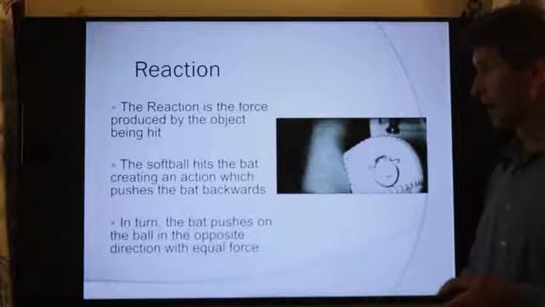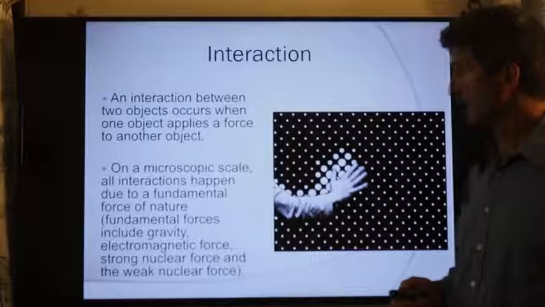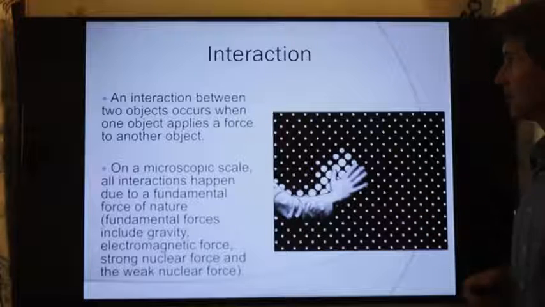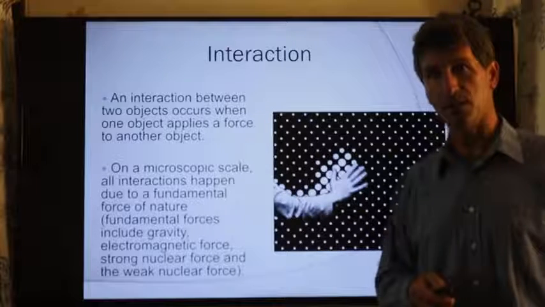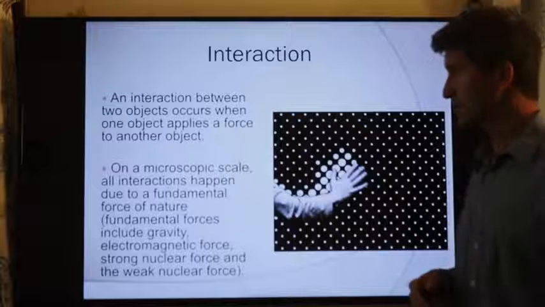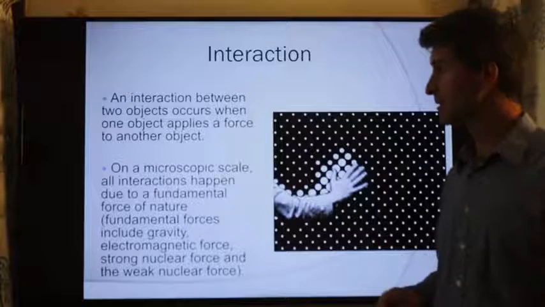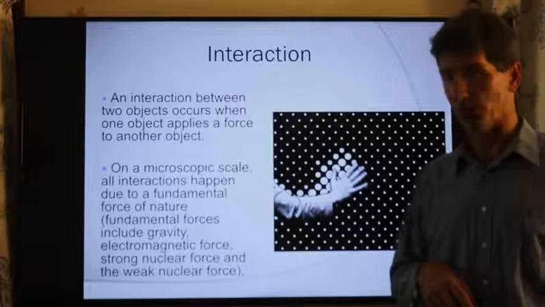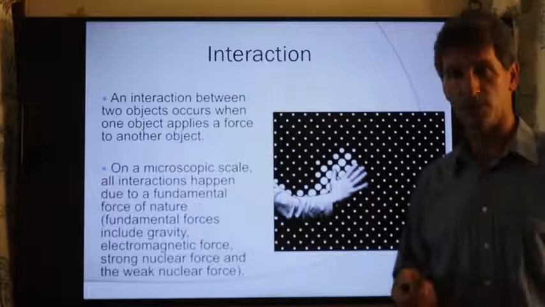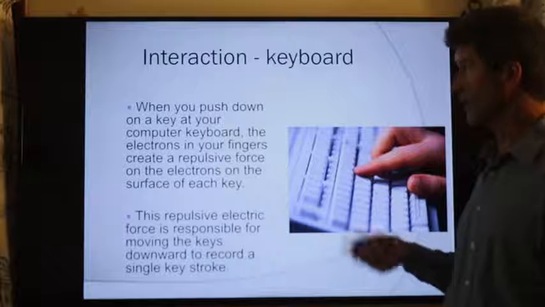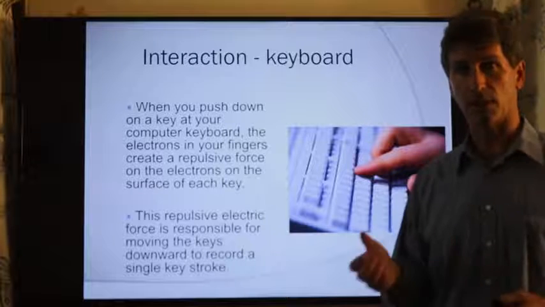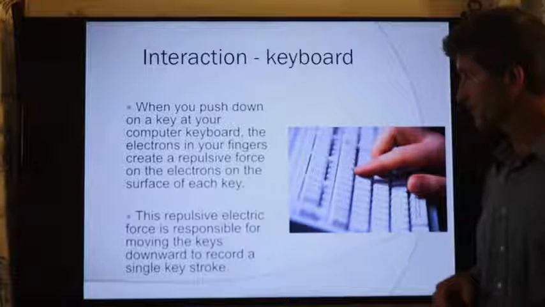So again, for every action, there is an equal and opposite reaction. We call the process of action-reaction an interaction. Basically, two objects transferring both momentum and energy with one another via these opposing forces. And that'll be very, very important for when we talk about things like conservation of momentum.